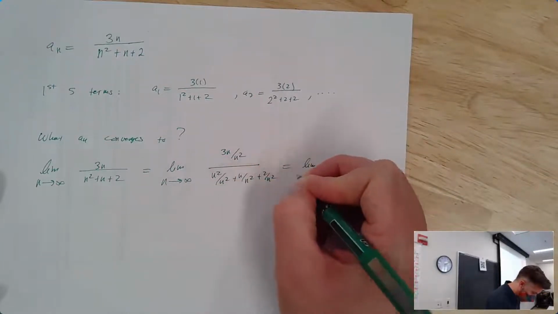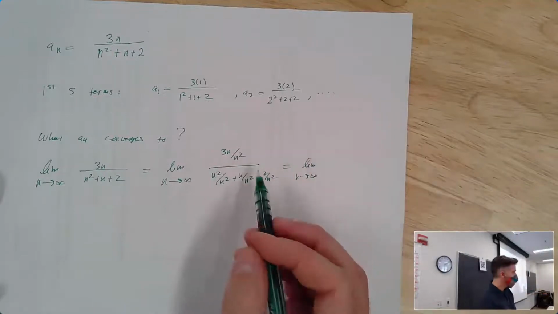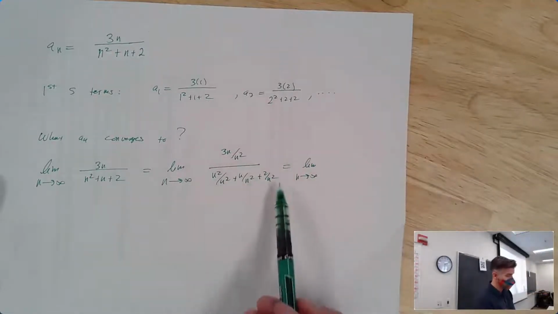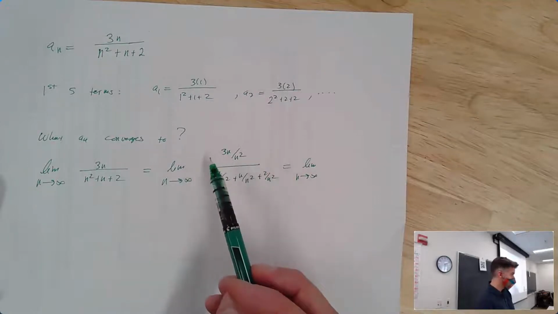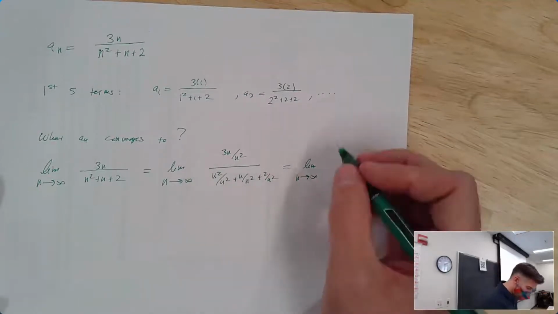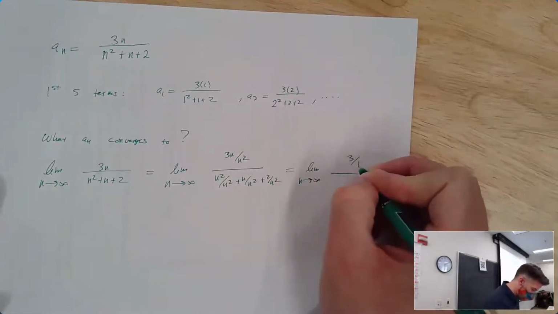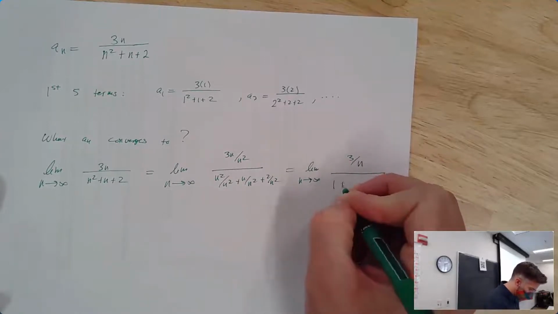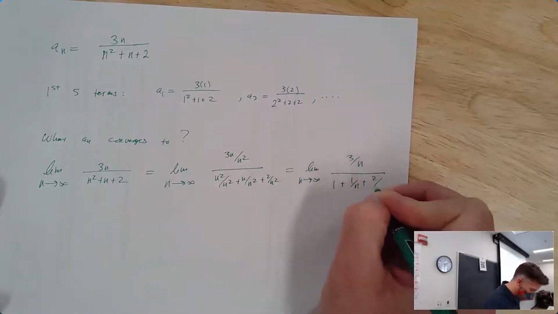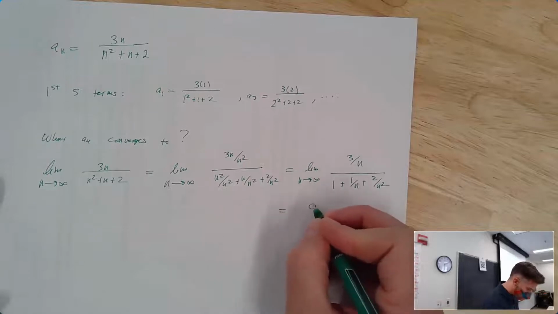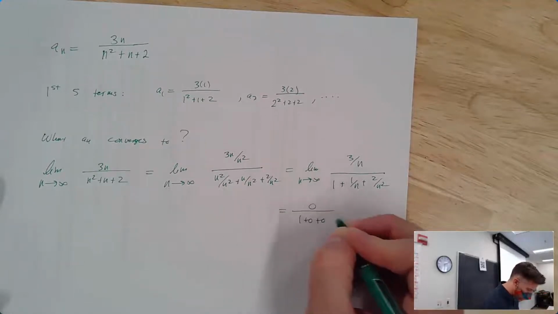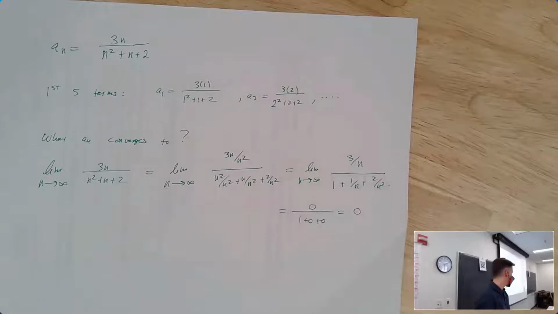I'm going to simplify. If you're dividing everything by n squared, you can skip this step and just do the simplification and say, in the numerator, I really have 3 over n. In the denominator, I have 1 plus 1 over n plus 2 over n squared. And that's going to be 0 over 1 plus 0 plus 0. 0.